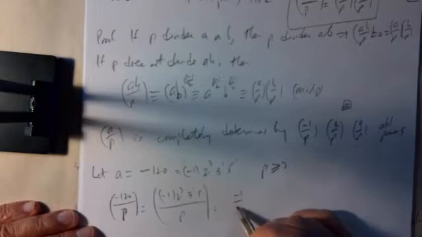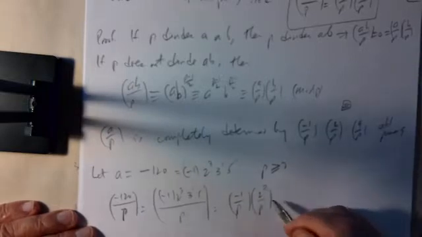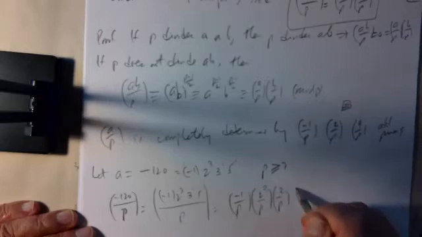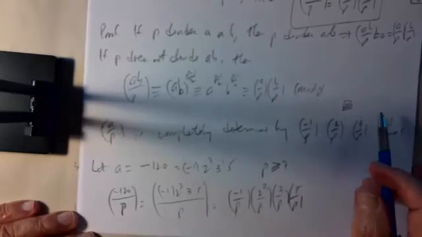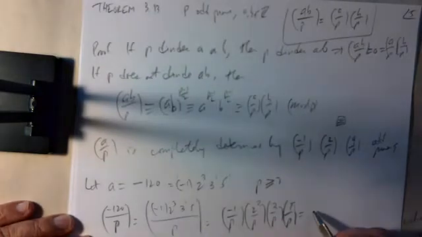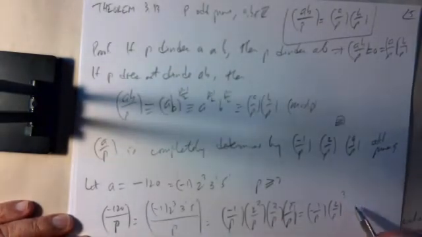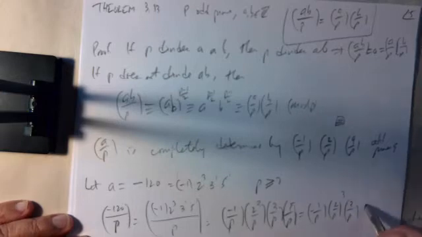This is minus 1 over p, 2 cubed over p, 3 over p, 5 over p, just using the multiplicativity. And 2 cubed over p, this is minus 1 over p, 2 over p cubed, 3 over p, 5 over p.